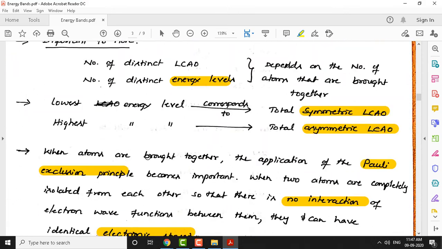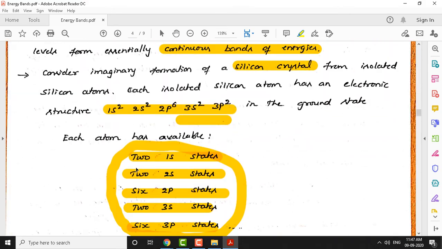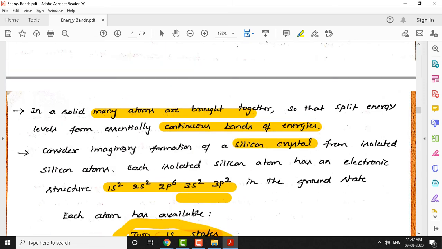Now we will see that in any solid, when you bring atoms together, there is a split of energy levels which forms an essentially continuous band of energies. So far, for isolated or individual atoms, we have shown energy levels in accordance with the Bohr model.